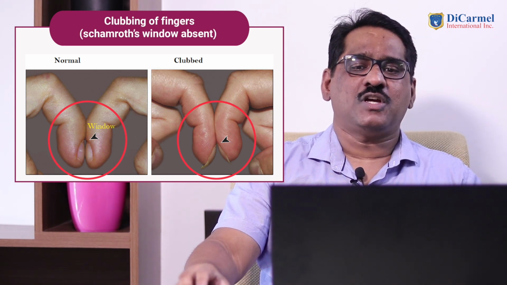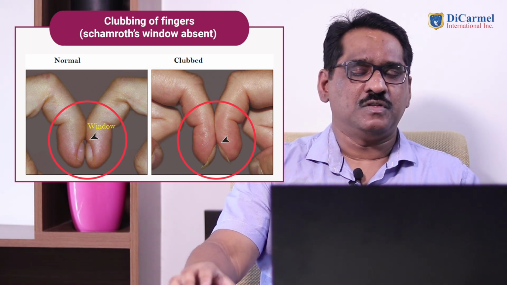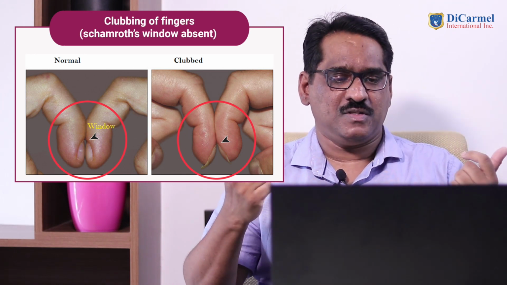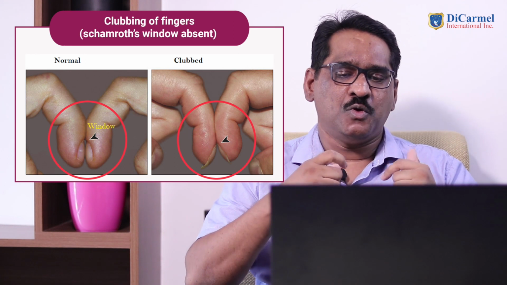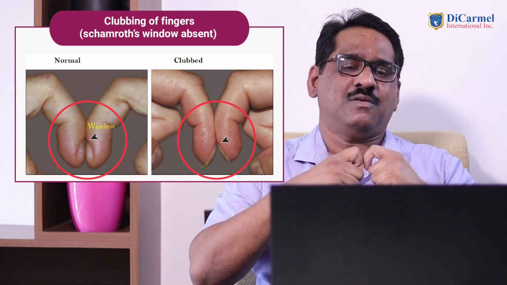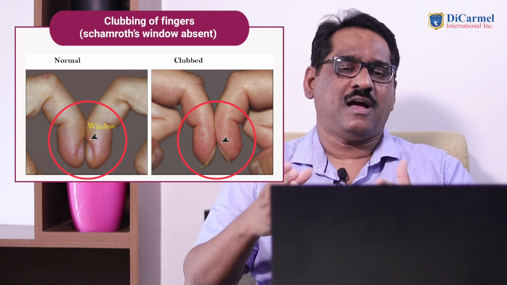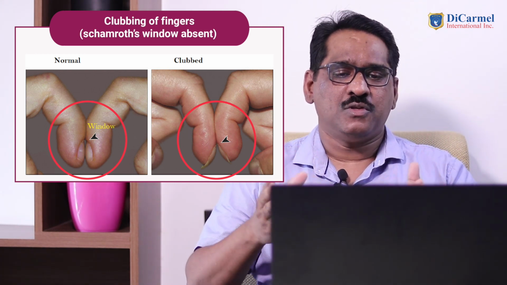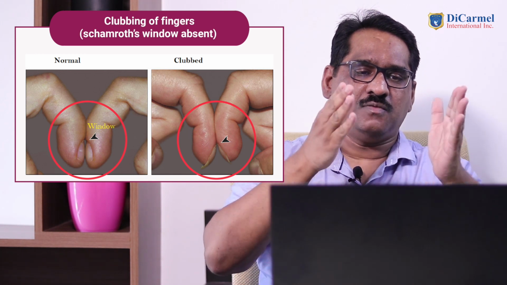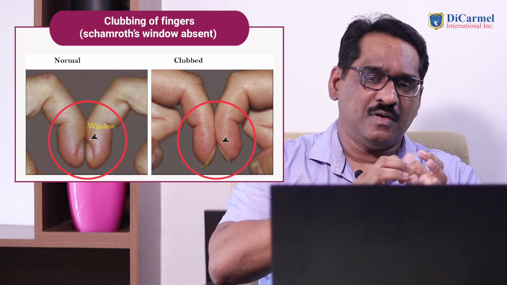So that's what we call a Schamroth window, which is normal in every healthy person. But with clubbing, as it gets into the drumstick or the spoon shape, we don't see that window there, or in other words, they have a negative Schamroth window. What we want is a positive Schamroth window. As you can see, with the normal, the window is evident. With the clubbing, that window is not there.